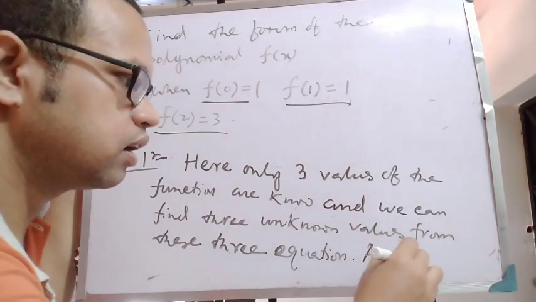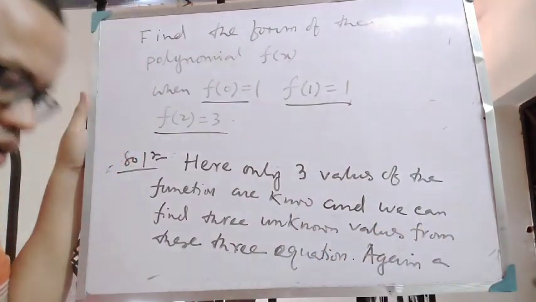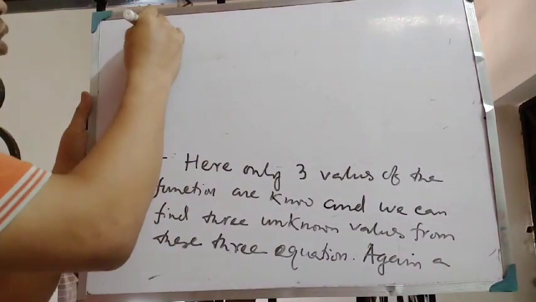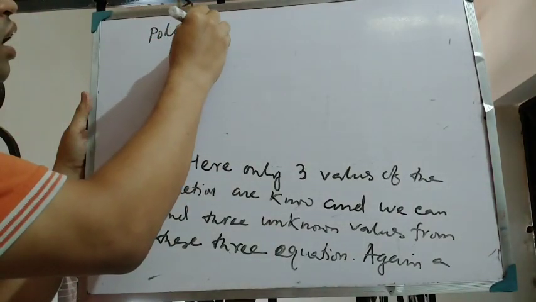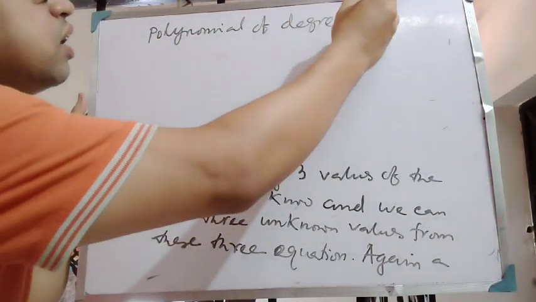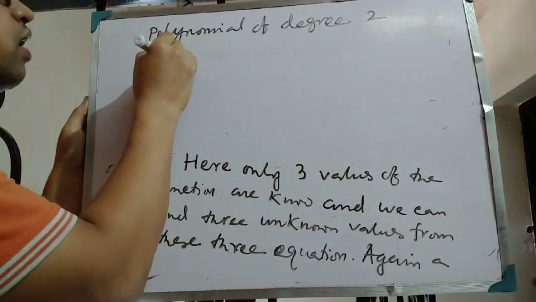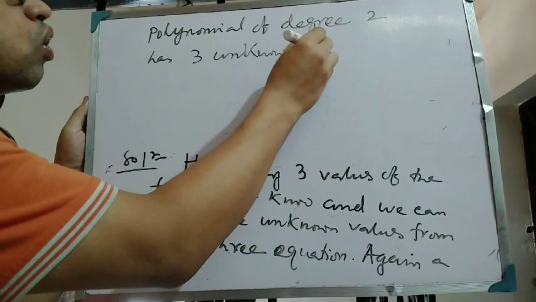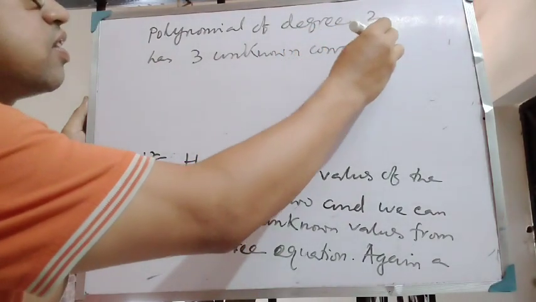Again, a polynomial of degree 2 has three unknown constants.